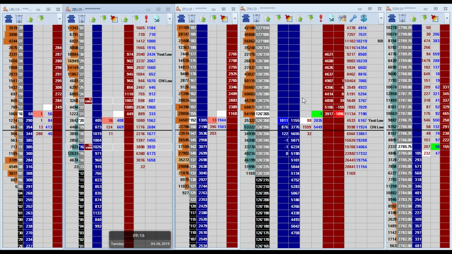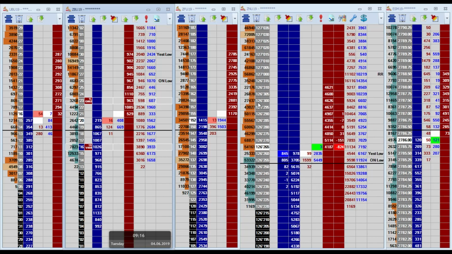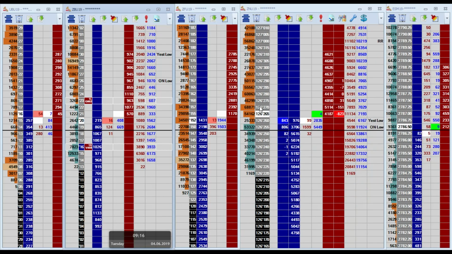So the 10 years right here at 26, 26.5, just like I said it was going to go. We'll see what kind of pushback we get there. But we filled in this volume profile. So if it holds this level, it could easily go up to 29.5, 30, and see if we get some rejection here.